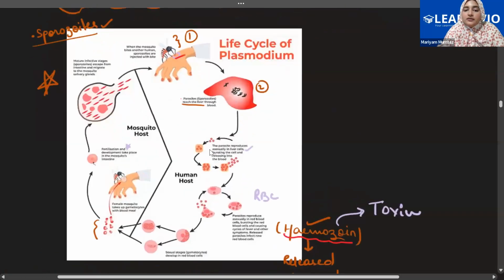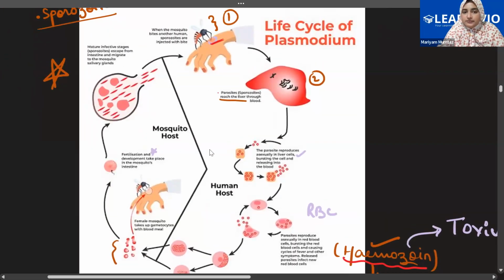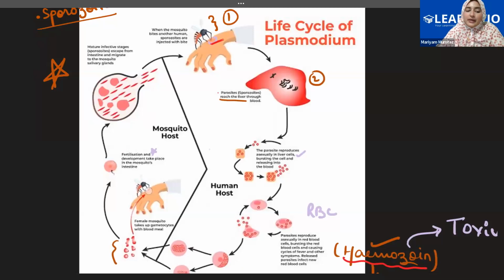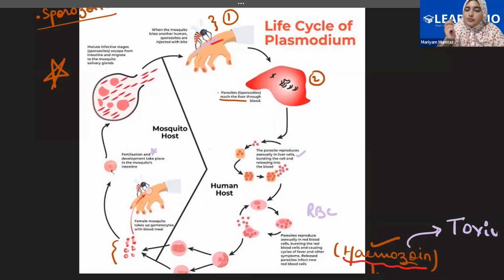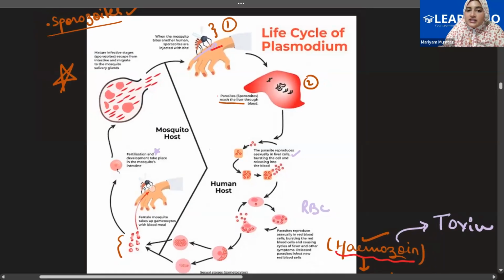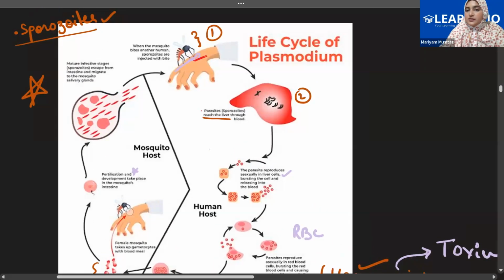Now, talking about the life cycle of the Plasmodium, starting from when it bites the human being. The female Anopheles mosquito comes and bites the human being. Whenever the female mosquito bites, the sporozoites are injected into the blood.